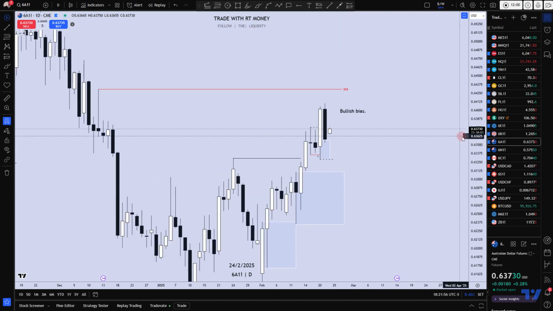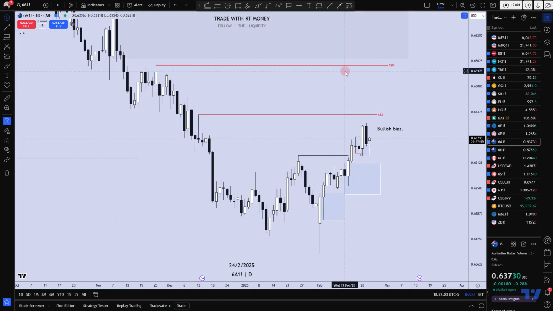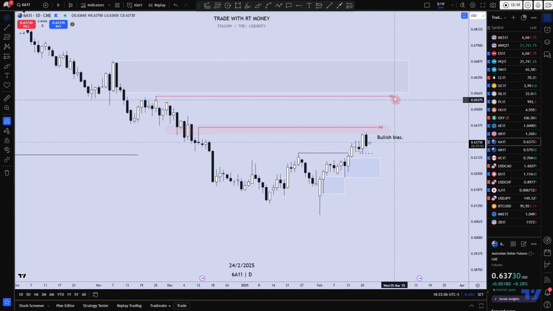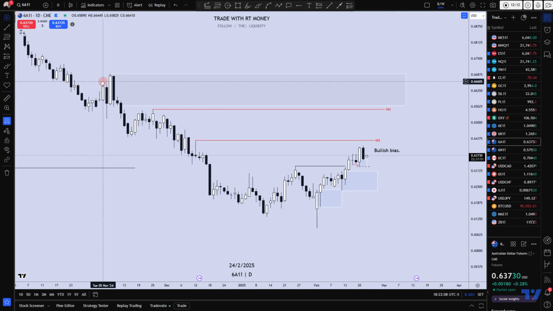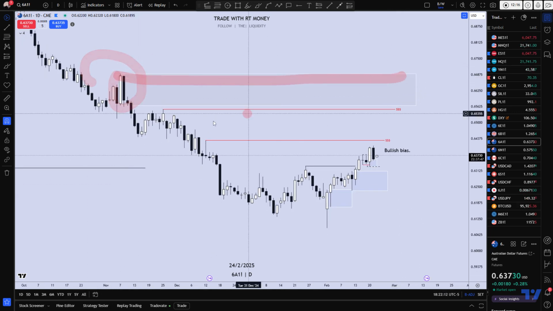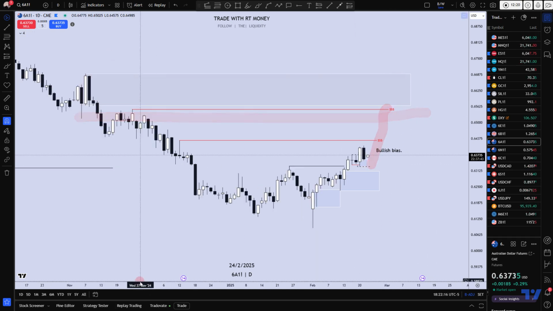All right. I'm looking for higher prices in the Aussie dollar. We have some liquidity highs here and here, all the way up to this area of demand, supply here, and I'm looking for price to make its way up there. Well, that's the plan.